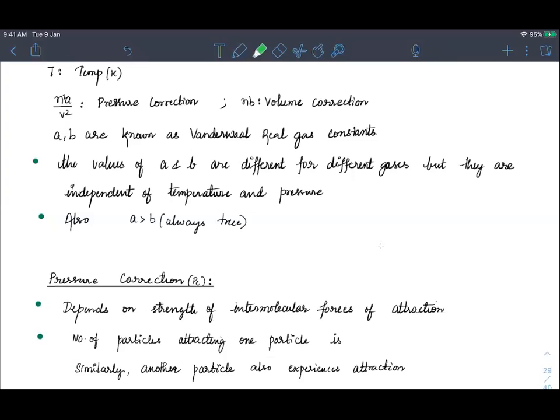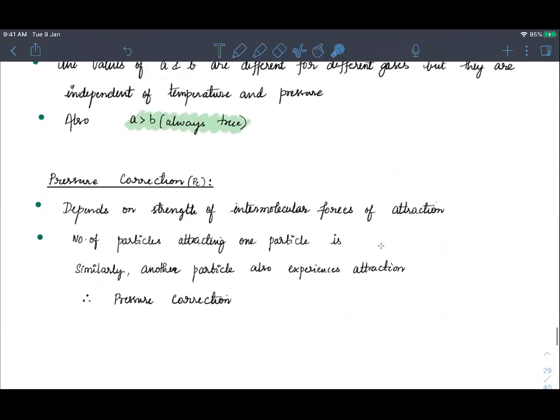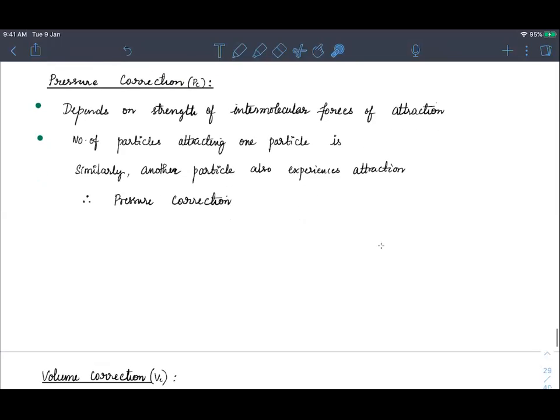One thing you can check out, for all the molecules, the value of A would usually always be greater than the value of B. See, when it comes to pressure correction, what all factors does it depend upon? Number of particles that are attracting one particle.